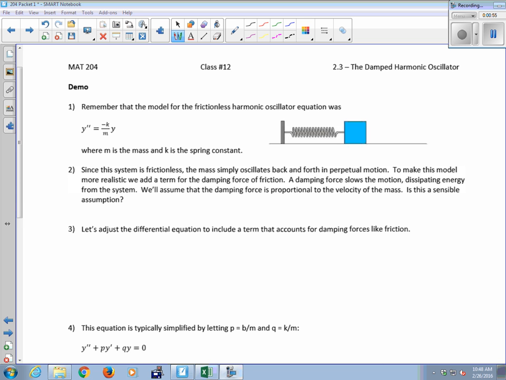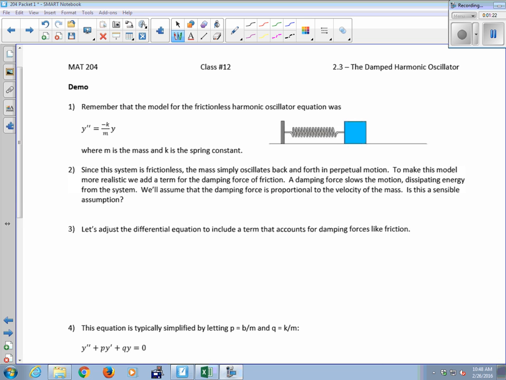The model for the frictionless harmonic oscillator was y double prime equals negative k over m times y, where m is the mass and k is the spring constant. Since this system is frictionless, the mass just oscillates back and forth in perpetual motion, which is why you found on Monday that the solutions were sinusoidal, right? You guessed a couple of solutions involving sine and cosine.